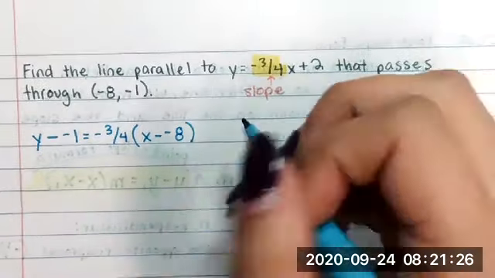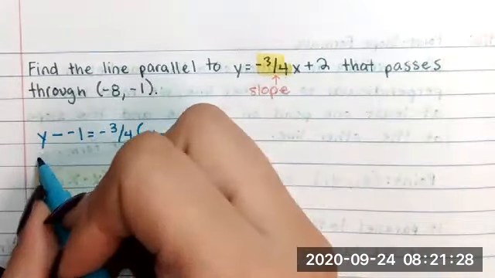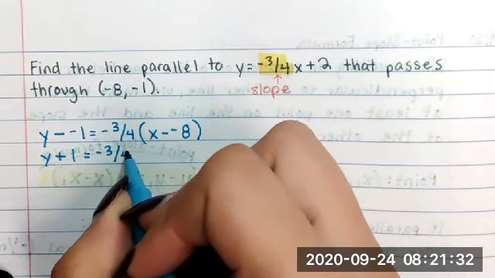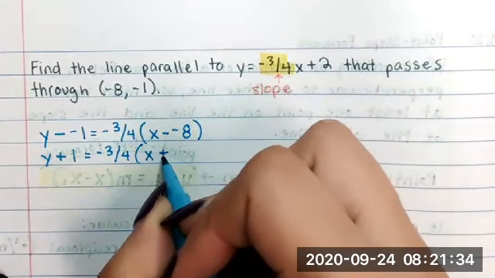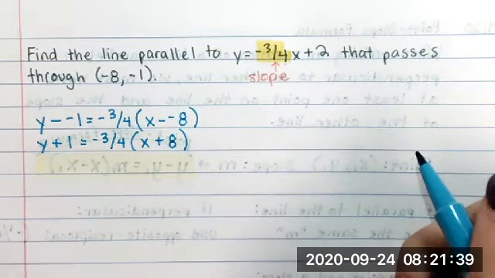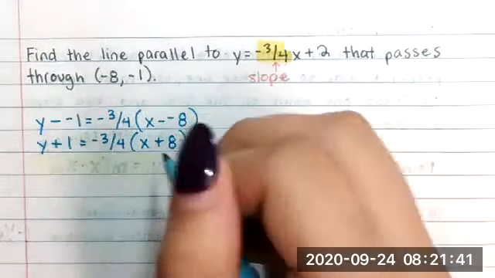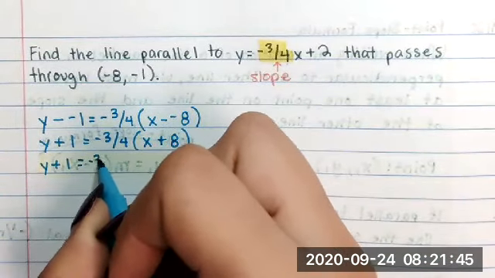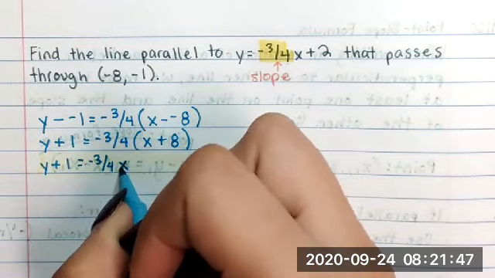Let's clean that up a bit. Y plus 1 equals negative 3/4 times x plus 8. That's looking a little bit better, huh? Now I'm going to go ahead and distribute. The first part will just stay the same because it's always just x.